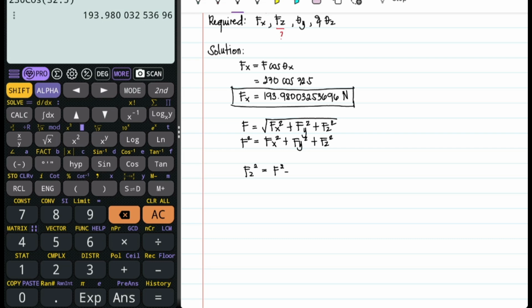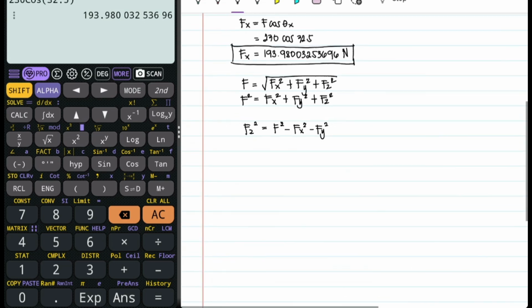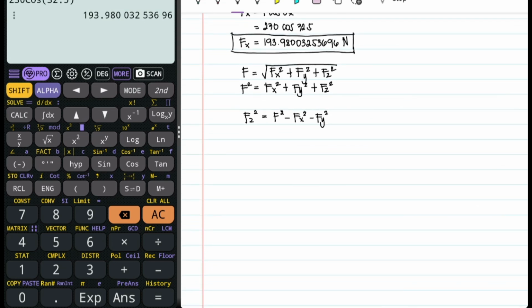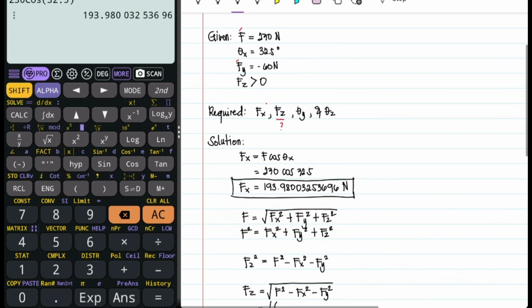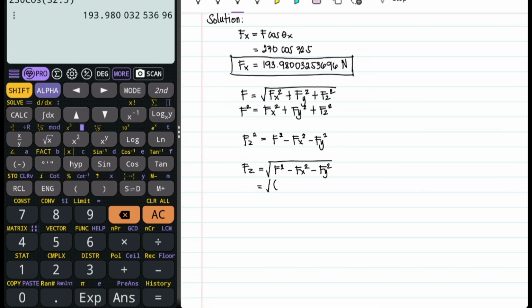Now from this equation, three are given and f sub z is the unknown, right? So we can rearrange our formula, our variables rather, so that f sub z will be the one left on the left-hand side of the equation, so that we can solve for it. Now we can simplify. F sub z is equal to the square root of F squared minus f sub x squared minus f sub y squared.